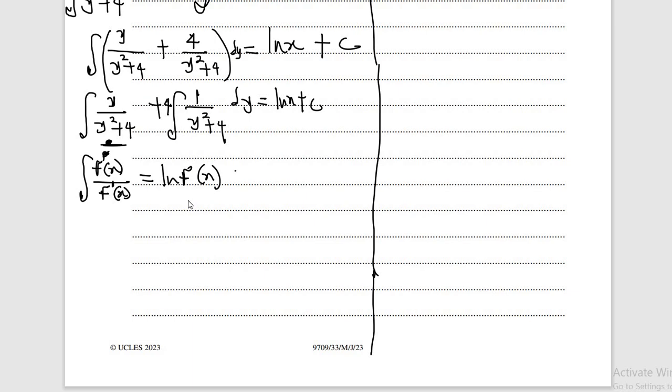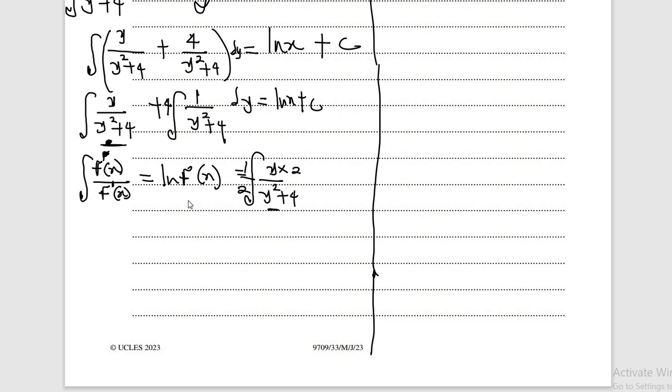So when you check this, y/(y² + 4), when you differentiate the denominator, it's supposed to give you 2y. Unfortunately, the numerator is not 2y. So let me make it 2y by putting 2 here. I've altered the expression if I put 2 here, so to balance it, I must put 1 over 2 outside.